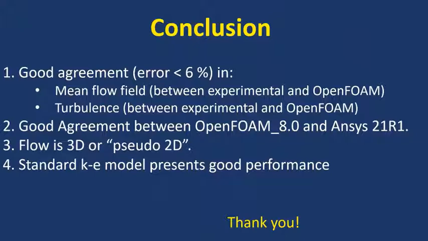They were better near the symmetry than near the lateral wall, but the errors were mostly less than 6% in the mean flow field and also on the turbulence. We observed also a good agreement between the two models, two tools used in this work.